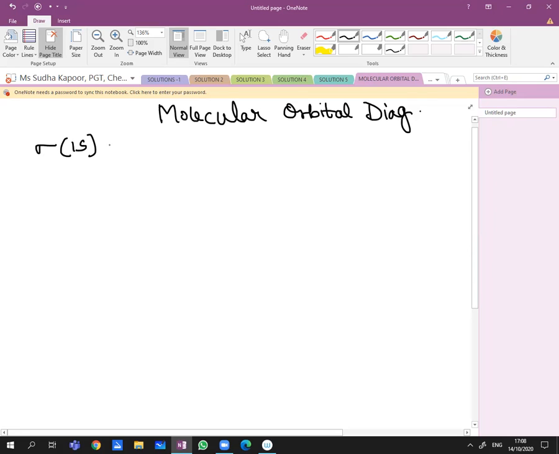And whenever there is a sigma bond, there is also the formation of anti-bonding 1s. Then sigma 1s, anti-bonding 1s. After that, we write sigma 2s followed by anti-bonding 2s. In molecular orbital configuration, we follow a bonding orbital followed by the anti-bonding one.